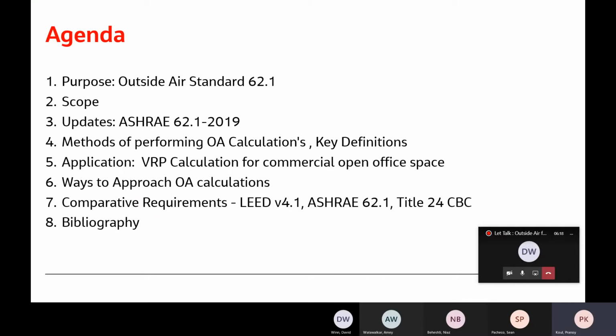I will also give an example, which entails a real-time application and has a solution, using the ventilation rate procedure calculation method for an open office space area. After my application, I will talk about other ways of approaching outside air calculations, which will entail certain essential comparative requirements between LEED, ASHRAE 62.1, and Title 24 for the California Building Code.